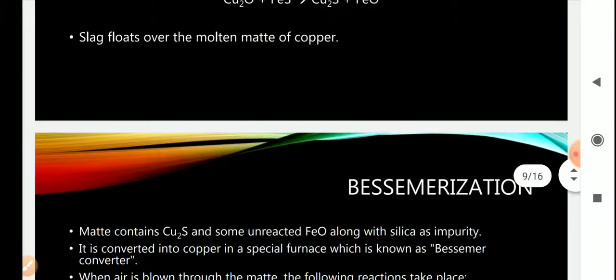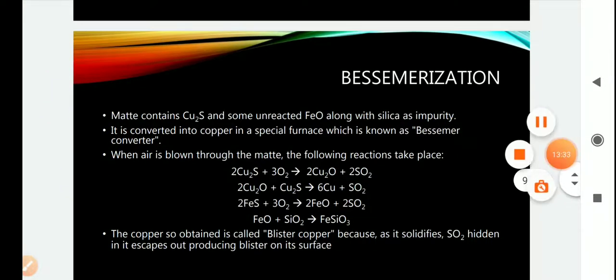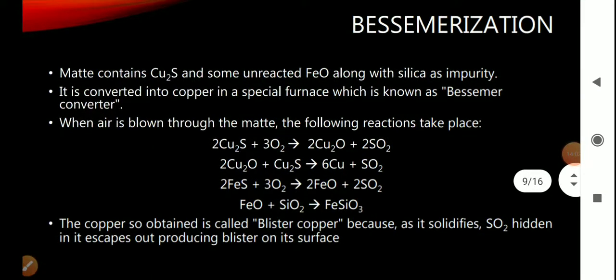So now is the final and very important stage, that is bessemerization. Here the matte, that is the concentrated ore after removing the iron and other impurities, though some iron is still present, contains cuprous sulfide and some unreacted FeO along with silica as impurity.